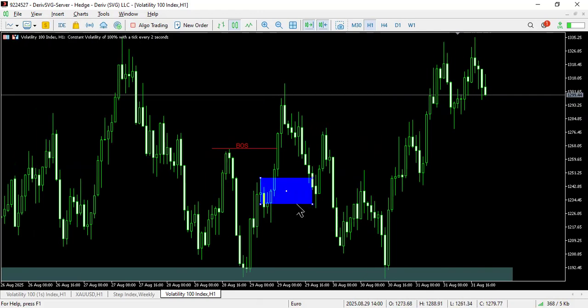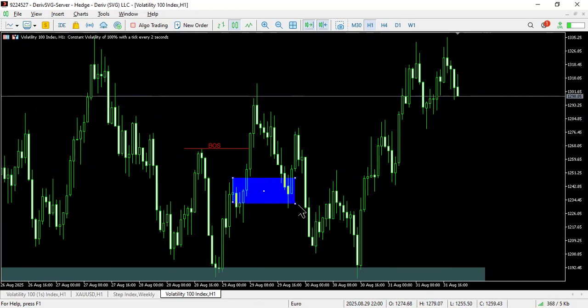That was the order block where price reacted off it.